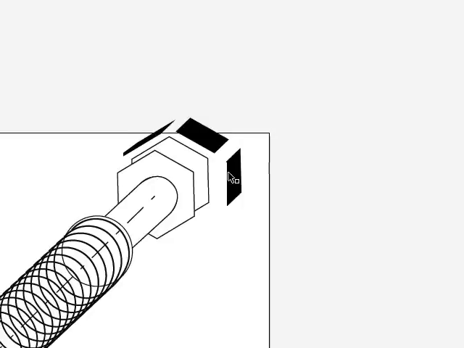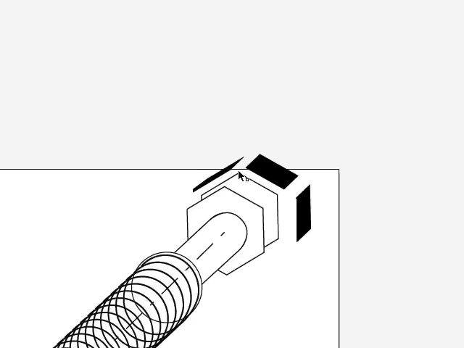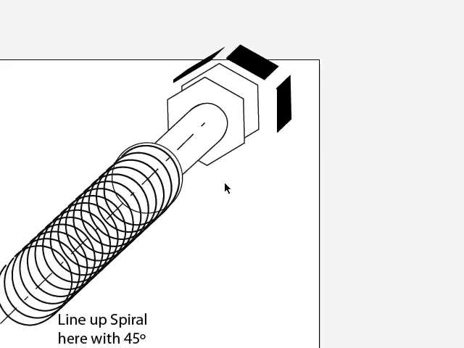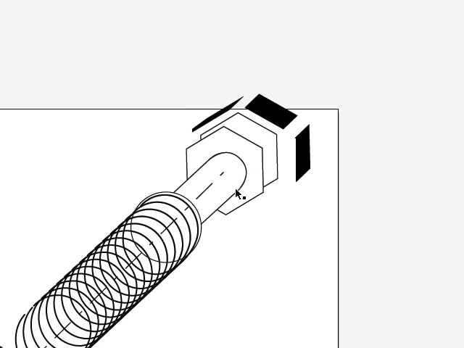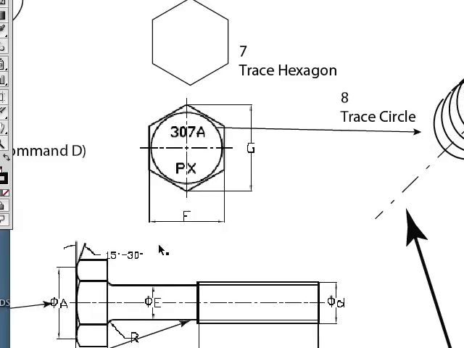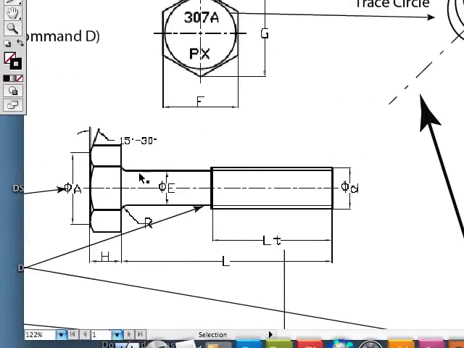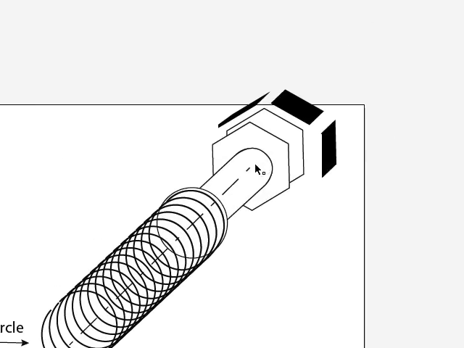I made them black and exploded them away from the bolt head, but when you put those down on the bolt head, that's going to create a nice effect. I covered there. I had a circle here that was equal to the height of this shaft right here. I created a circle, dragged it, and put it up here.